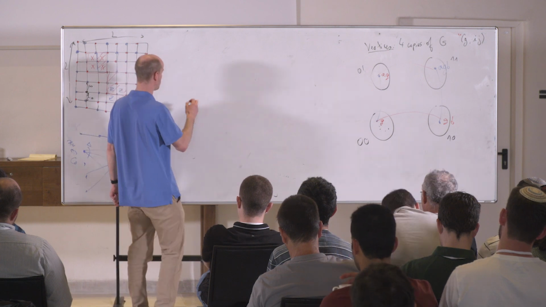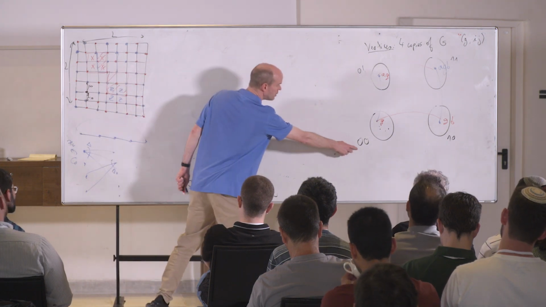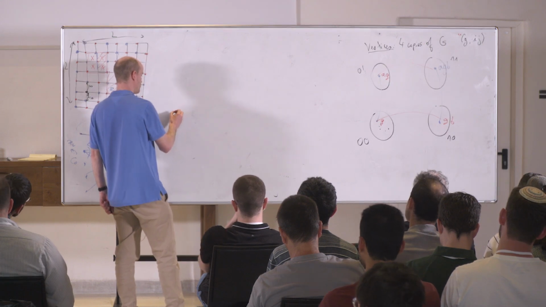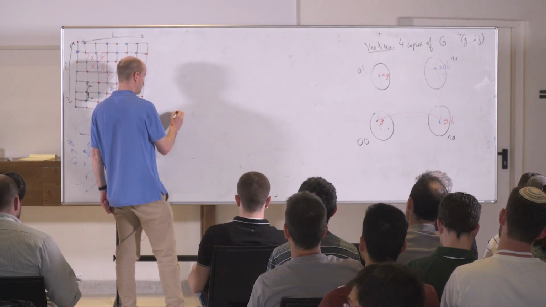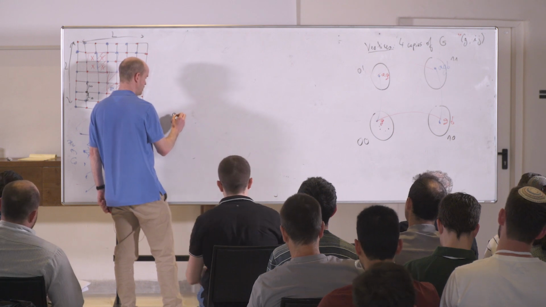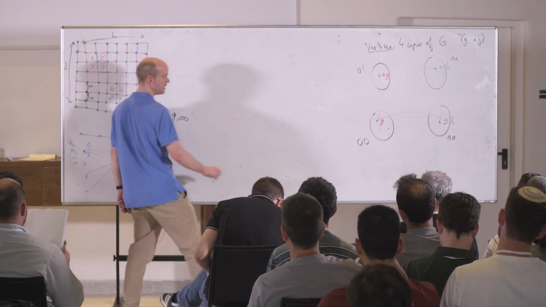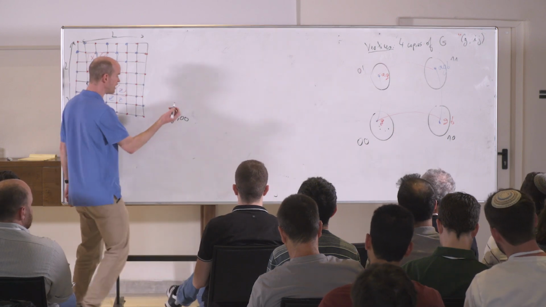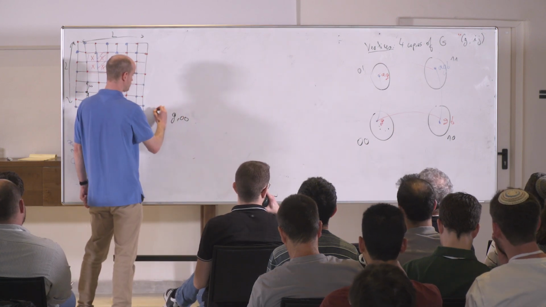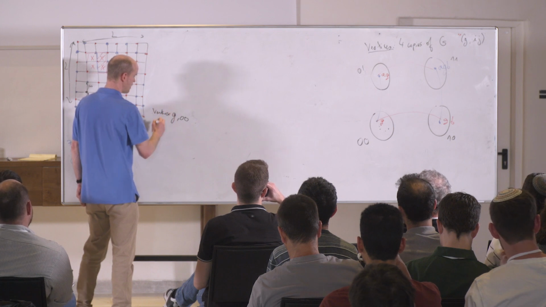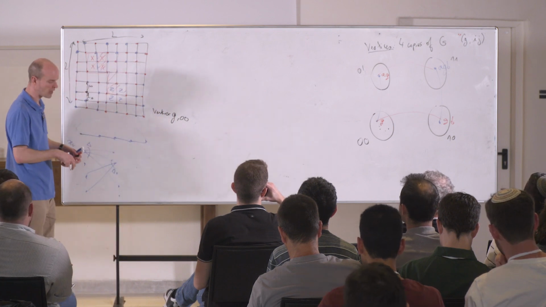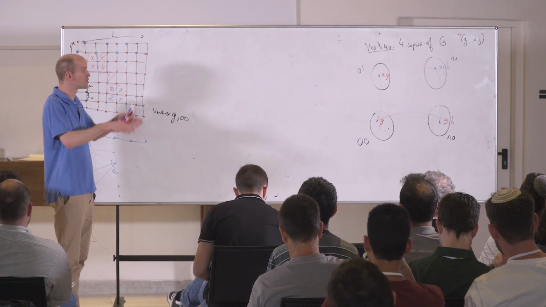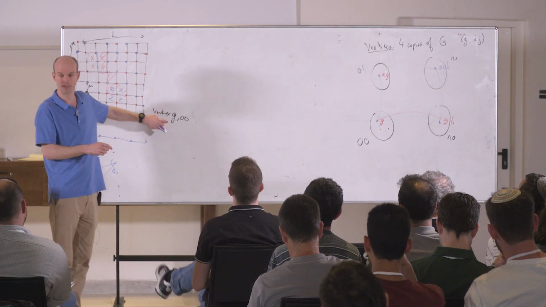Okay, so what I want to look at is an element. So I take an element G in this set, okay, and it's a vertex. And I want to look at its neighborhood. Neighborhood meaning what are the squares that are incident to this thing.